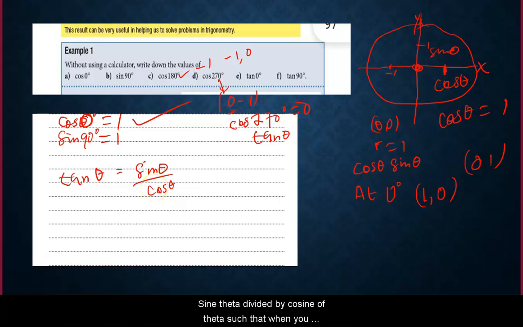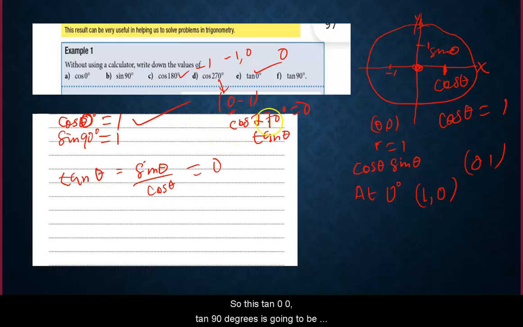When you look at what we have, what is sine theta? And what is cosine of theta? So you take sine of 0 and divide it by cos 0. So it is simply 0. So tan 0 is 0.